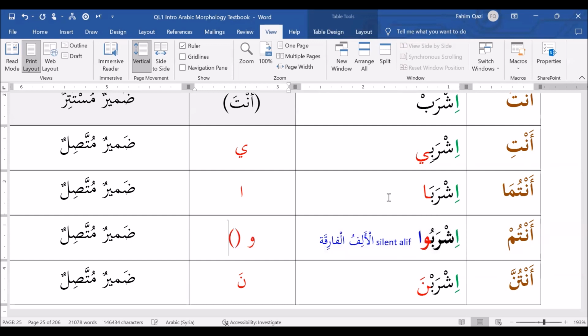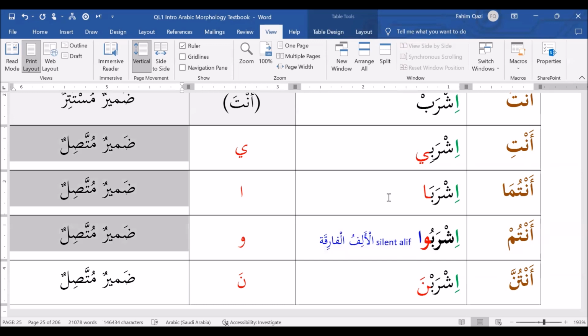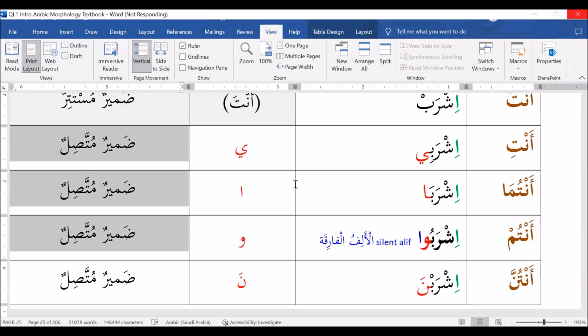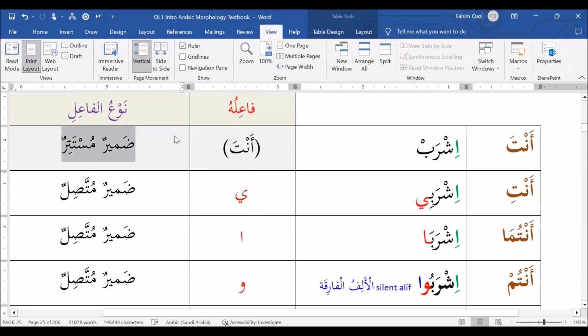The waw again means antum. The waw is the connected version of antum. And of course, it's damir muttasil. You can see damir muttasil for anti, antuma, and antum. For anta, the Arabs decided to do damir mustatir because it's used a lot. They wanted to make it easier.